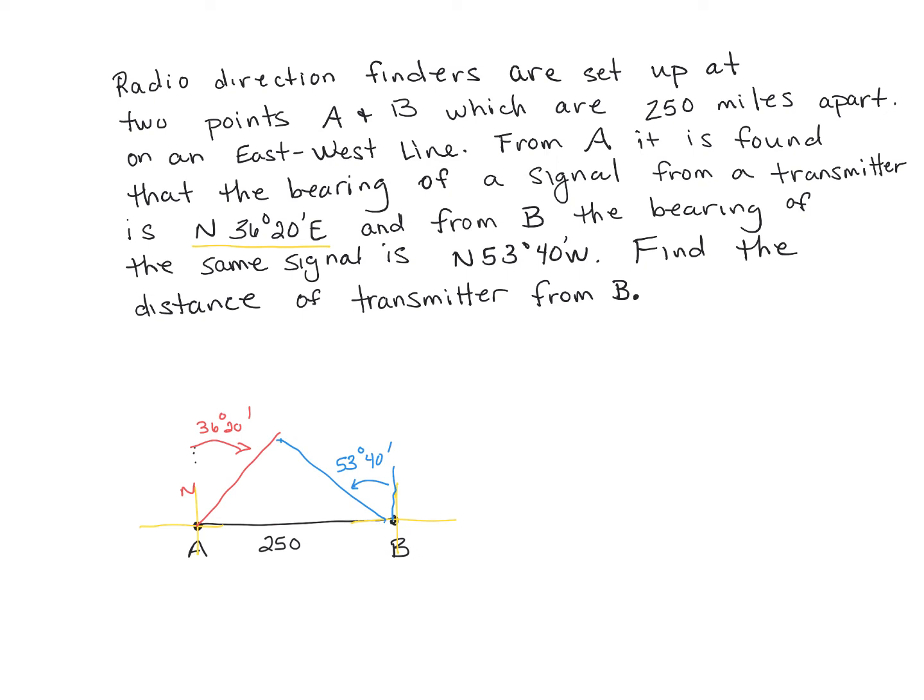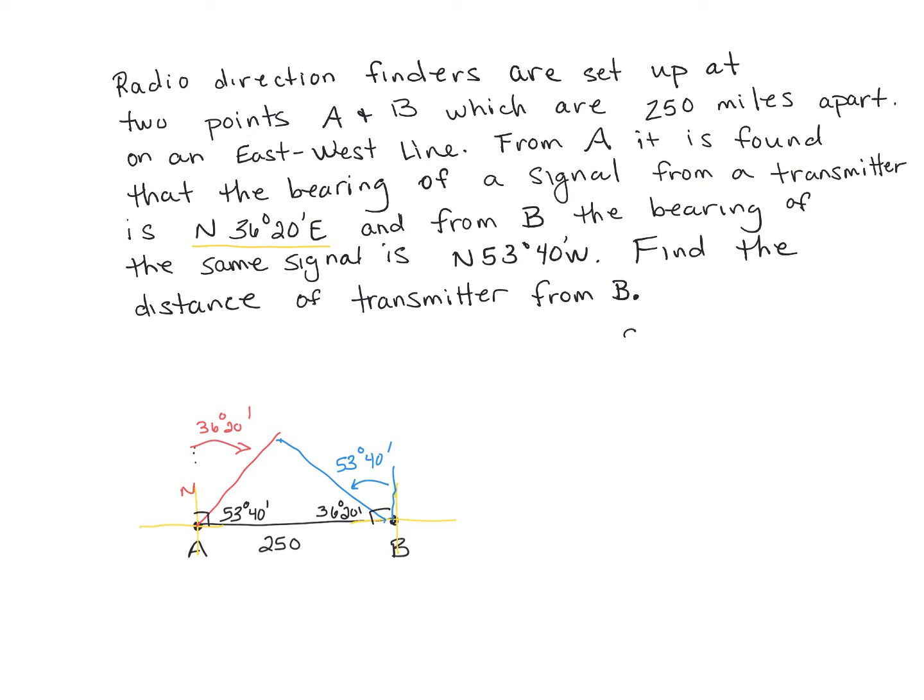So if I use a little bit of arithmetic here, we can see that this angle in here is actually going to be 53 degrees 40 minutes, and this angle in here is going to be 36 degrees 20 minutes, and that's just because these have to add to 90.